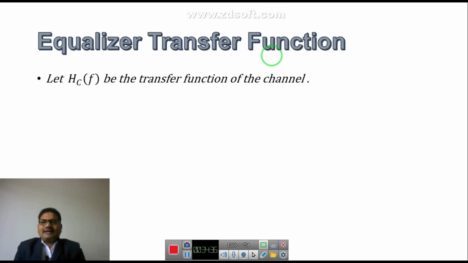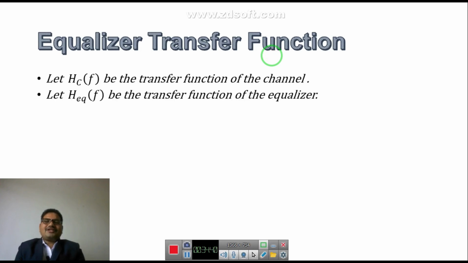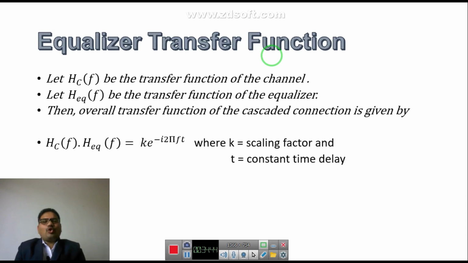Let Hc of f be the transfer function of the channel and Heq of f be the transfer function of the equalizer. Then the overall transfer function of this cascaded connection is given by multiplying the transfer function of the channel and the transfer function of the equalizer, which is equal to k into e raised to minus j 2 pi f t. Here k is the scaling factor, and t is the constant time delay.